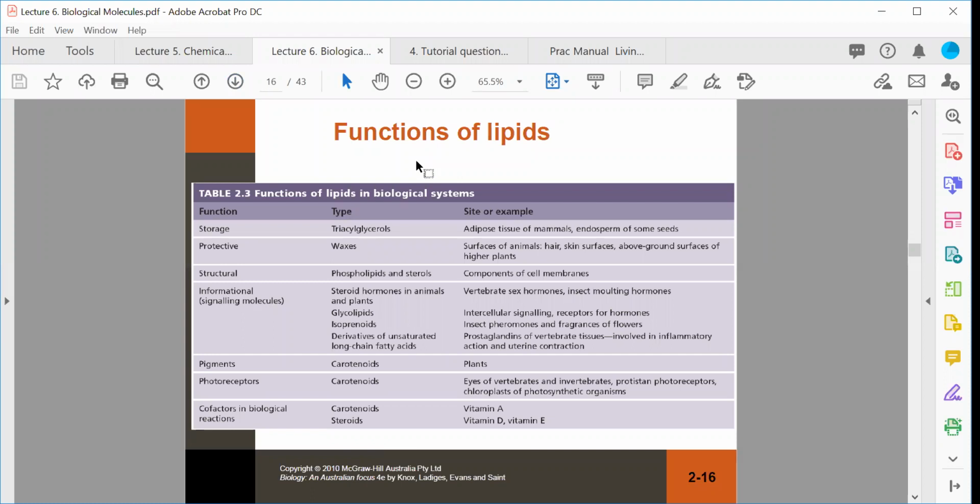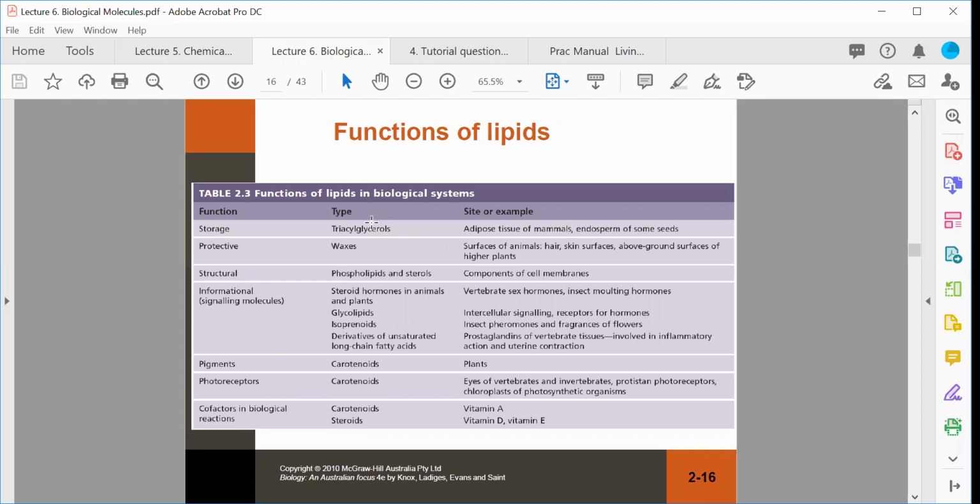Here are some of the diverse functions of lipids in biological systems. They function in storage, protection, structural components, signaling molecules, pigments, photoreceptors, cofactors in biological reactions. The list would go on and on if you really researched this.